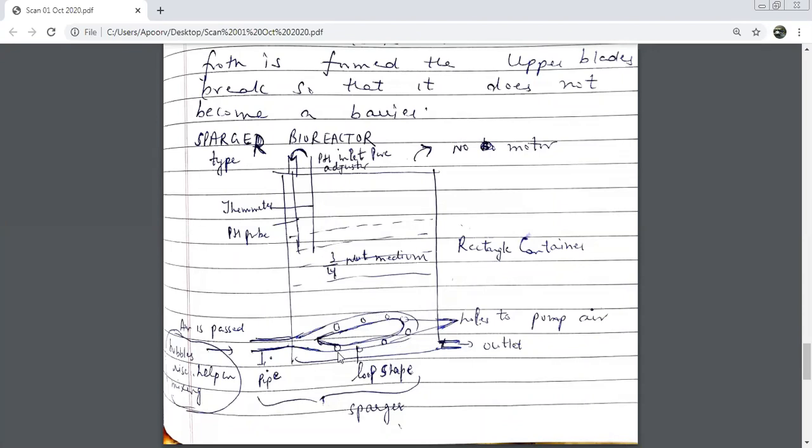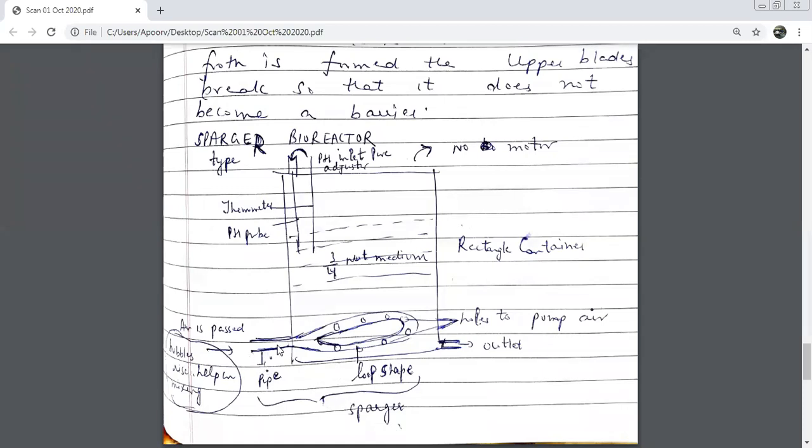This shape is what we call a loop. So this shape where ये handle जैसी एक चीज होती है, this is your pipe, and handle के आगे you have this loop structure. This entire shape is called a sparger. What is it called? It is a sparger. That is why this bioreactor is known as a sparger bioreactor, because of this thing.